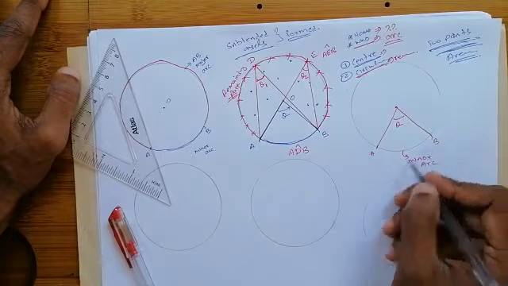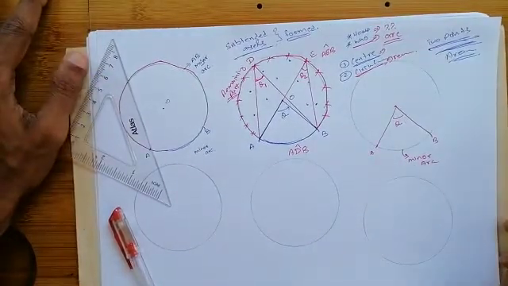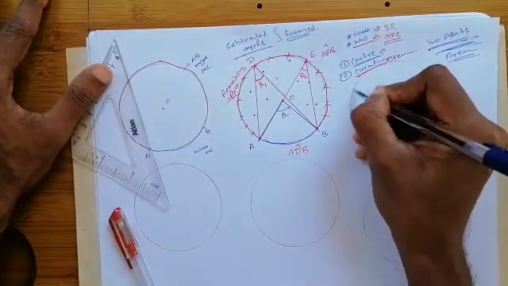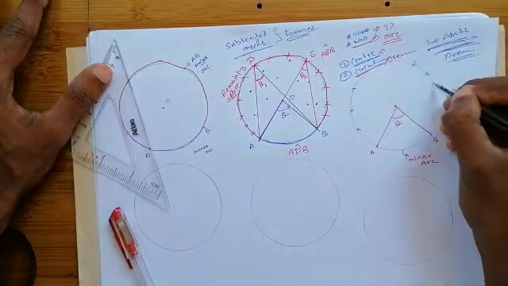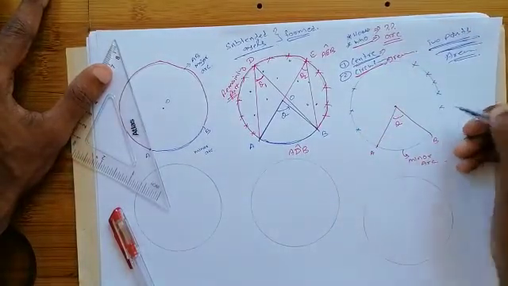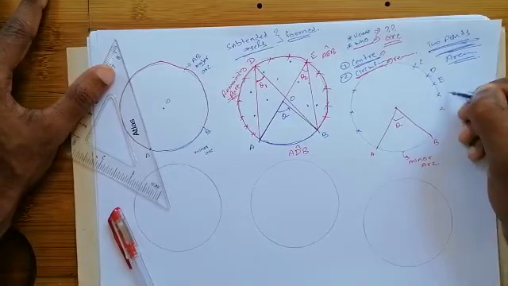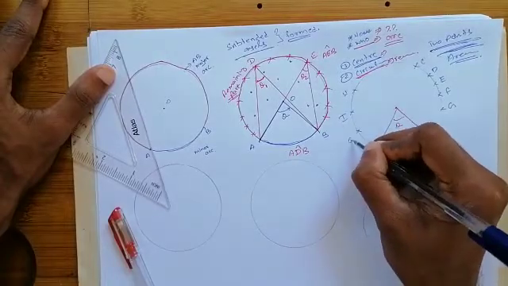So AB arc can subtend only one angle at the center, but at the remaining portion we have lots of points. We can name C, D, E, F, G, H, I, J.